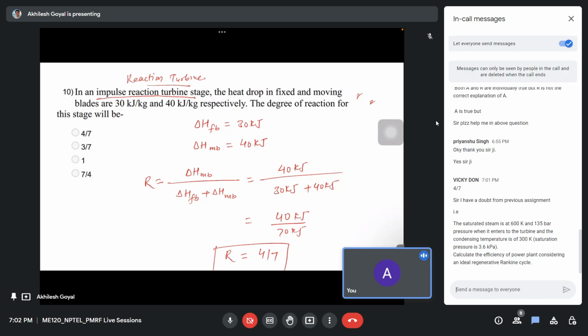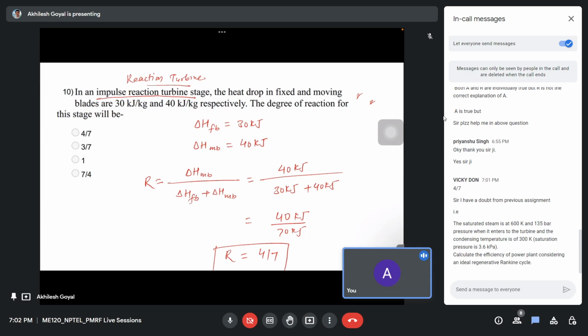The saturated steam is at 600 K and 135 bar pressure when it enters the turbine, and the condensing temperature is 300 K, and the pressure is this. Calculate the efficiency of the power plant considering an ideal regenerative Rankine cycle.